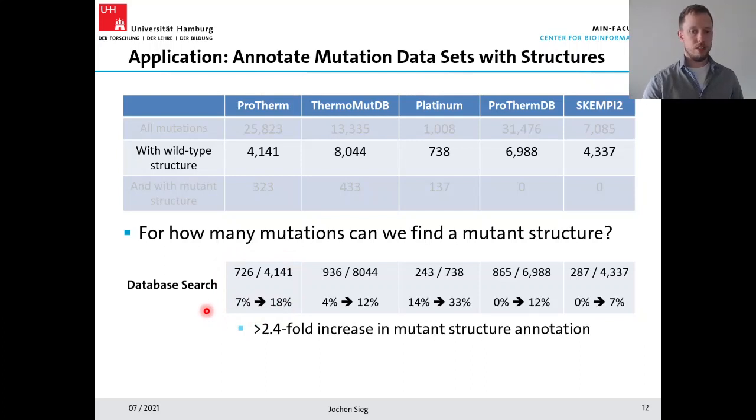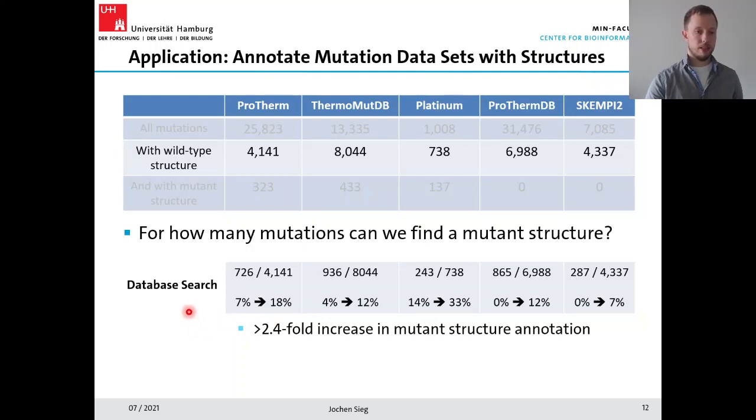You can see that we can, for the protein, annotate 726 mutations with a protein structure for the mutant out of roughly 4,000 mutations. This is an increase of this coverage, this annotation, from 7% to 18%.